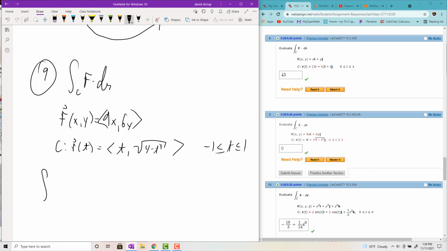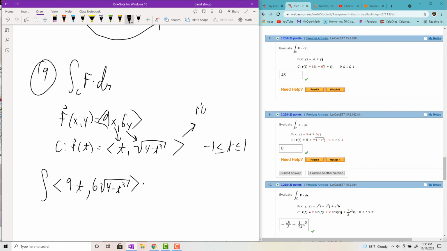So we're going to rewrite the integral, replacing F with F of x of t comma y of t. So I'll have 9 times t for x, comma 6 times y, so in this case 6 times the square root of 4 minus t squared. And then dotted with the derivative of r.